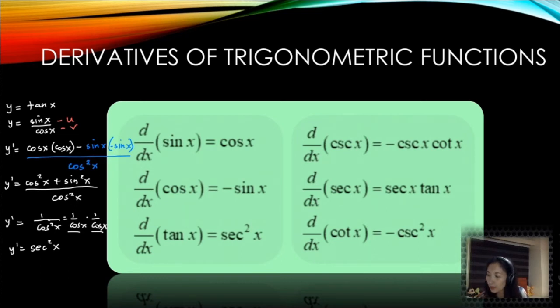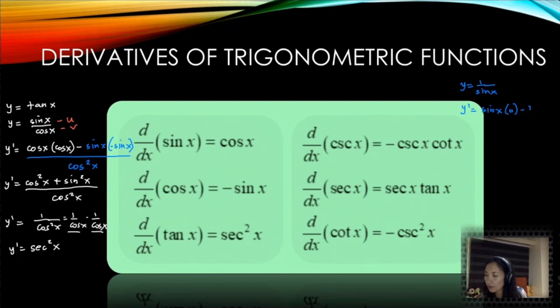Okay, so y is equal to cosecant x, which is 1 over sine x. So taking y prime and treating this as a quotient, then y prime is equal to the denominator, sine x, times the derivative of the numerator, which is 0 since the derivative of a constant is 0, minus the numerator, 1, times the derivative of the denominator.